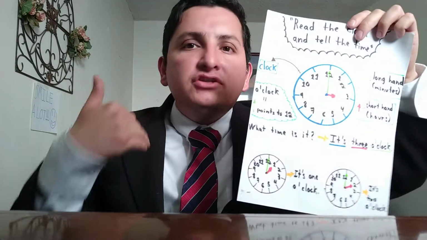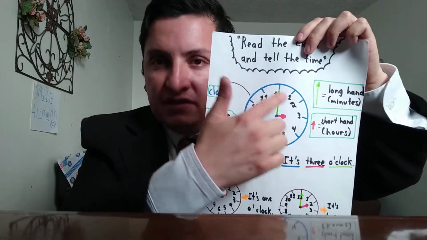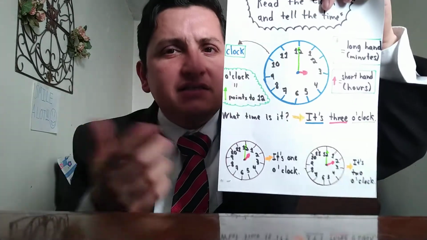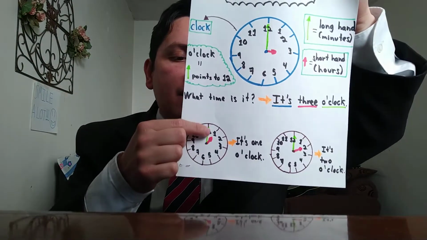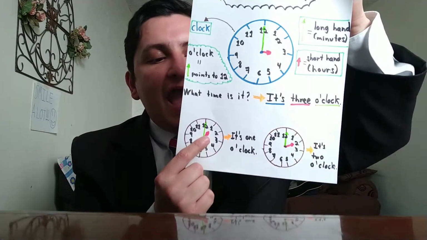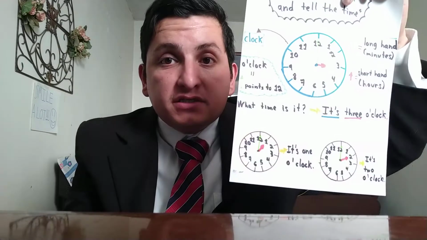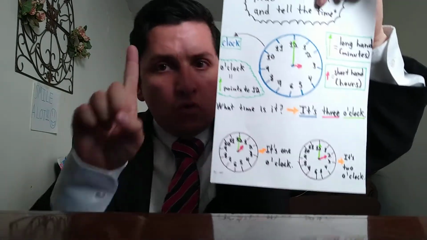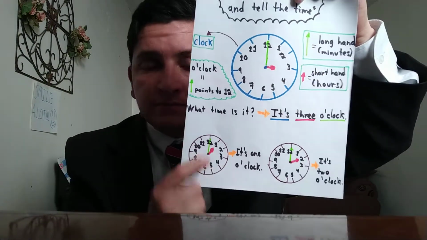And this is going to be repeated for every number that we have on the clock, from number 1 to number 12. Let's see some examples. Right here, the long hand is on number 12, we already know that, and the short hand is on number 1. So what time is it? It's 1 o'clock, because the red hand points to number 1.